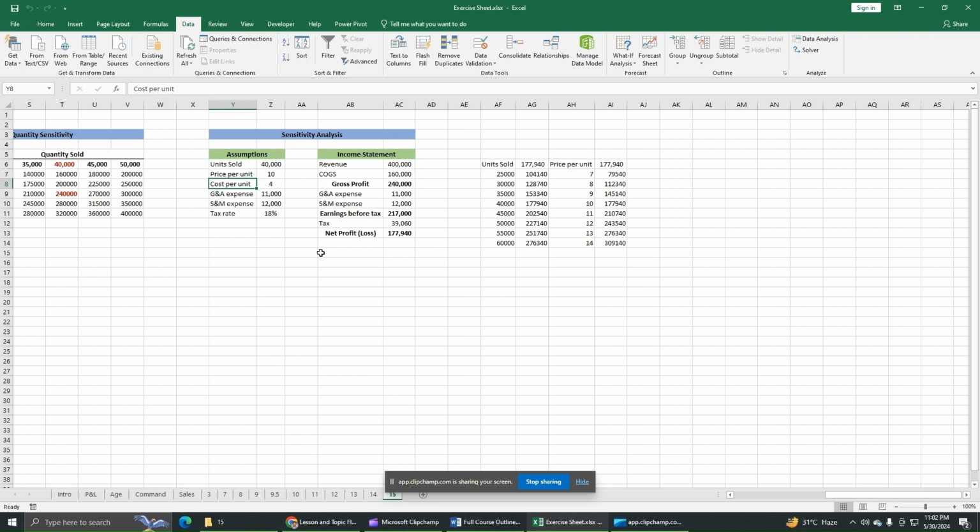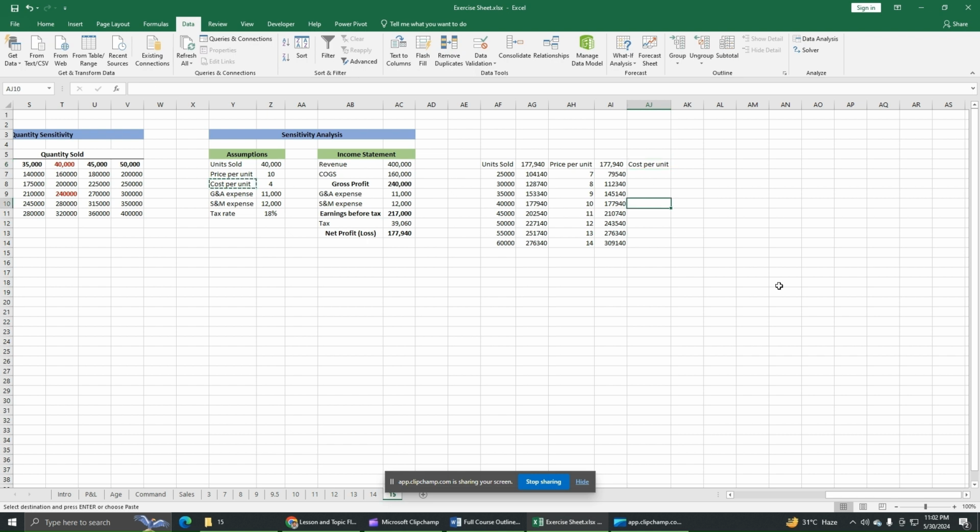Now I want to see cost per unit. I'm doing this here: 4, 3.5, 3, 2.5. I have increased and decreased by 0.5.